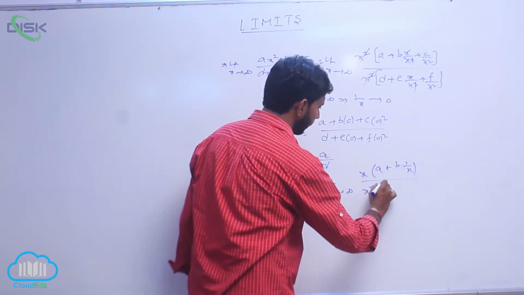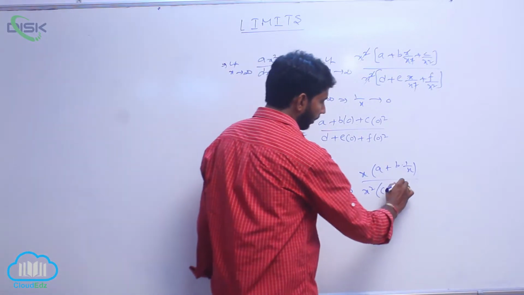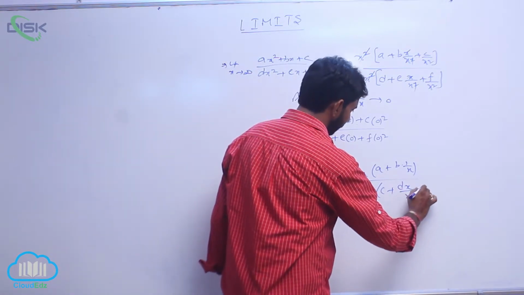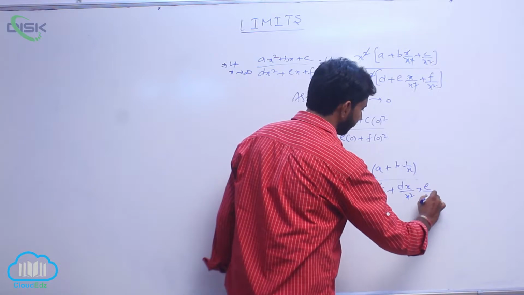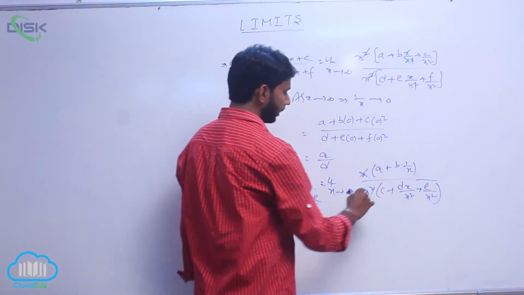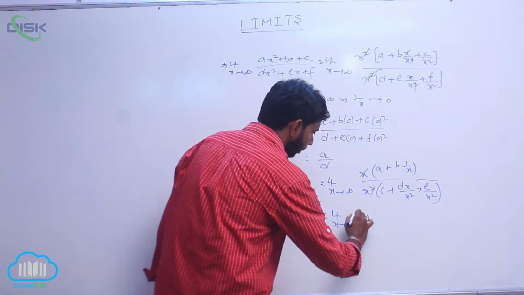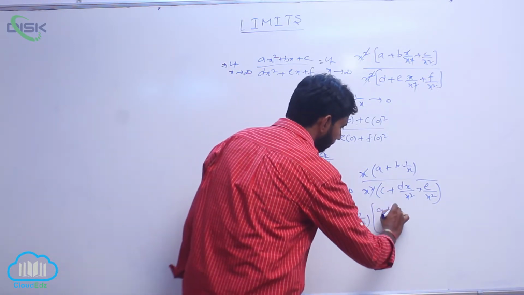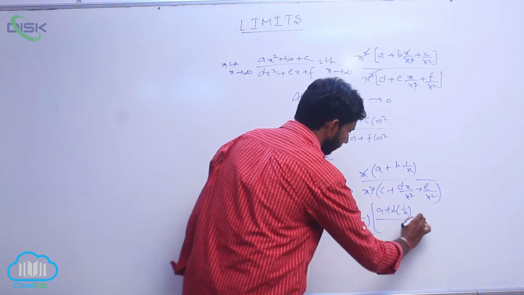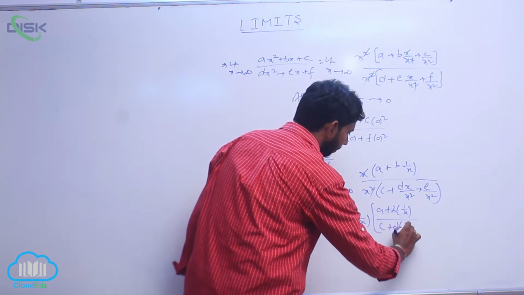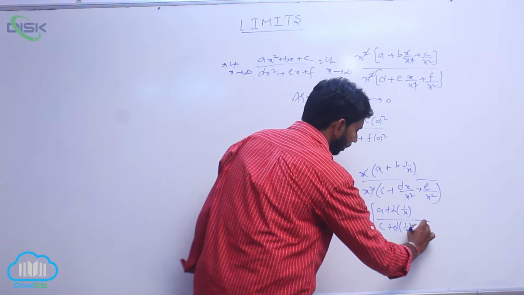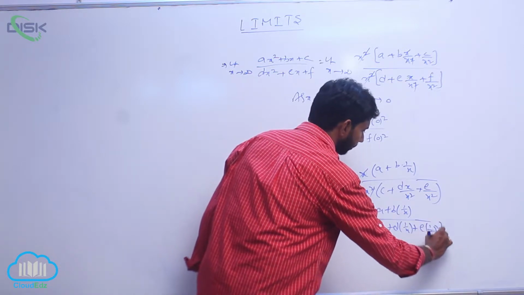In the denominator, x square is common: c plus dx by x square plus e by x square. Here 1 by x is cancelled. That is, the limit as x extends to infinity of 1 by x of a plus b of 1 by x, by c plus d of 1 by x plus e of 1 by x whole square.